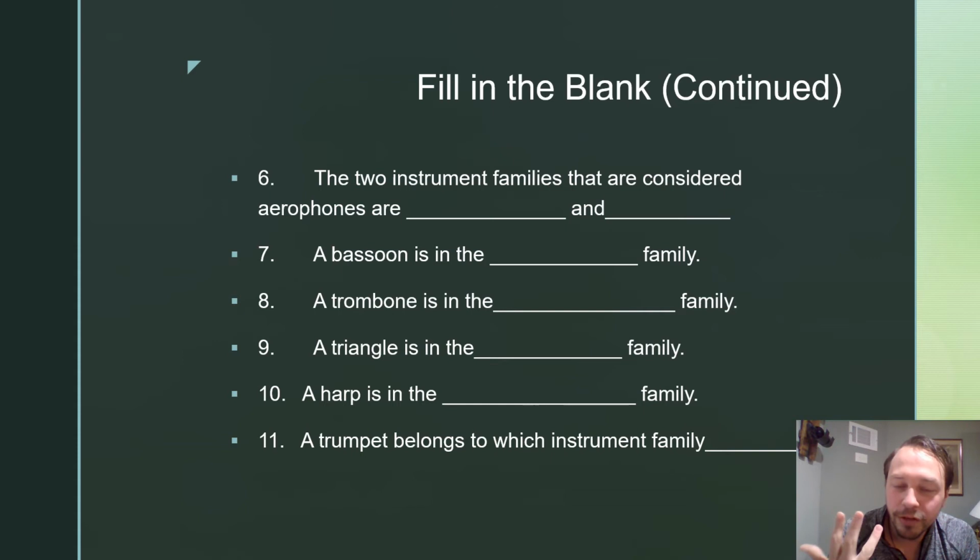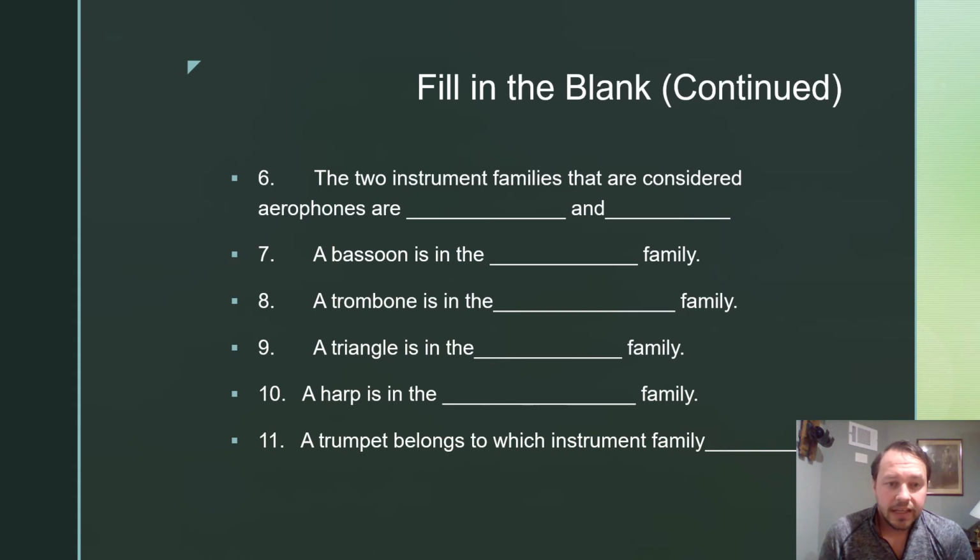In which two of those families are aerophones? Well, the only two are brass instruments and woodwind instruments. What is an aerophone? An aerophone is an instrument that makes its sound through the use of air. So the only two instrument families that use air to make their sounds are brass and woodwinds.